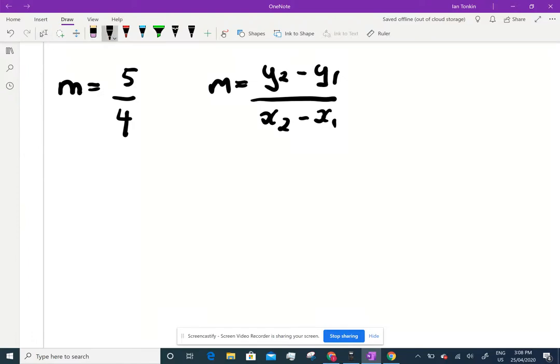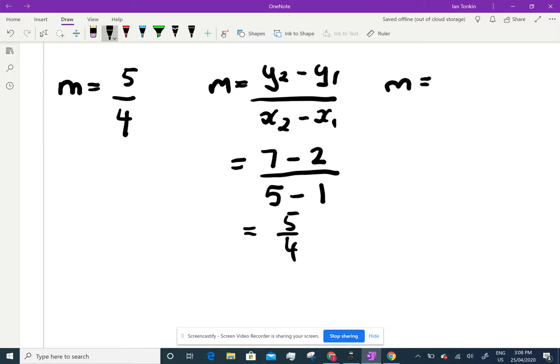Now, here's a very important point. If we subtracted them in the other order, we'd still get the same answer. So let's do both of those. What was y2? That was 7. What was y1? That was 2. What was x2? 5. What was x1? 1. So 7 minus 2 over 5 minus 1, 5 on 4. I don't even need to draw it. What if you did the subtraction the other way around, as long as you kept the order, the same points?